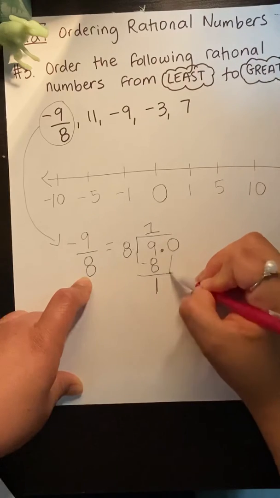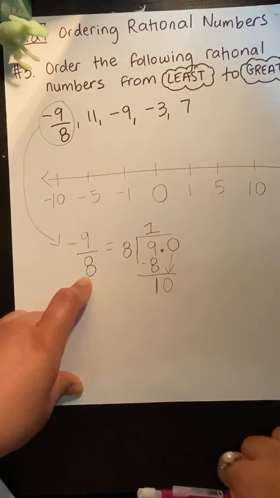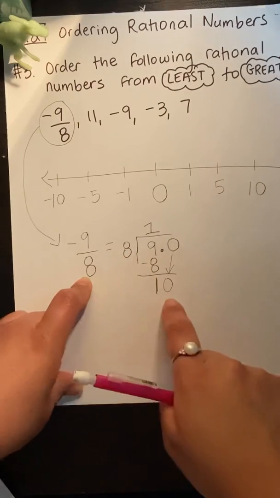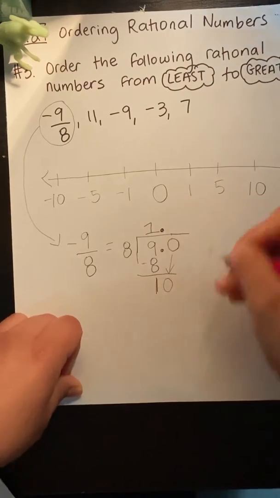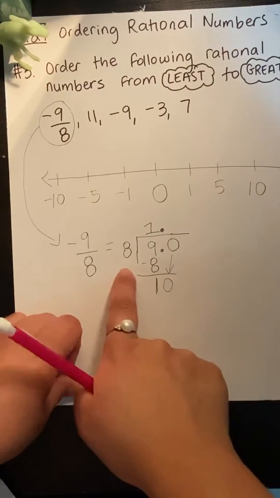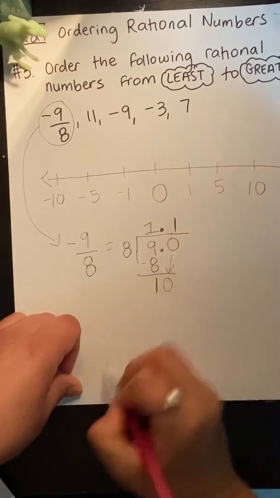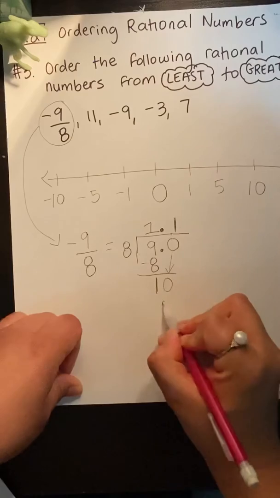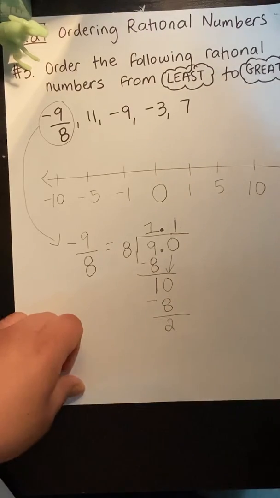I will bring down the 0, and now I have a 10. Before I think about how many times 8 goes into 10, I am going to write the decimal here. And now think, 8 goes into 10 once. 8 times 1 is 8, and I have a remainder of 2.